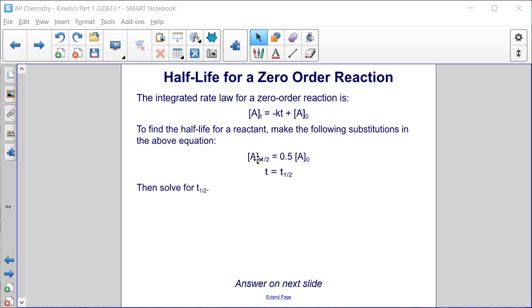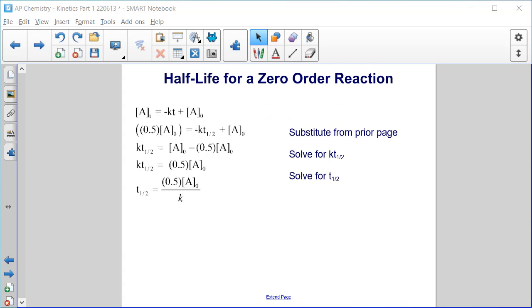The concentration at time 1/2, or the half-life time, is equal to 1/2 of the initial concentration, and time is equal to the half-life time. And then we're going to solve for that half-life. All right, maybe try to make these two substitutions on your own and then rearrange to solve for the half-life. On the next slide, though, we'll go over the answer.